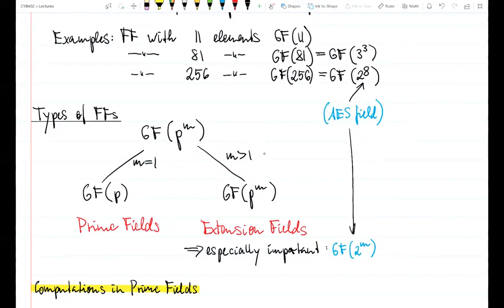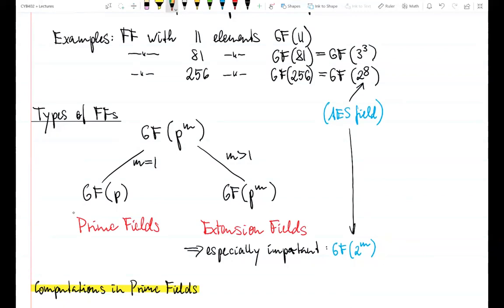I told you already, for AES, we use Galois field 2 to the 8. But in general, for cryptography, Galois fields of 2 to the m are important.